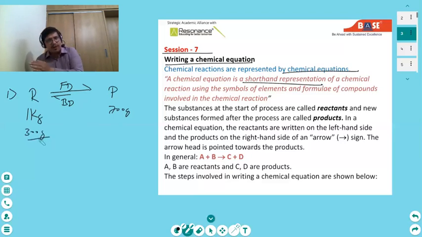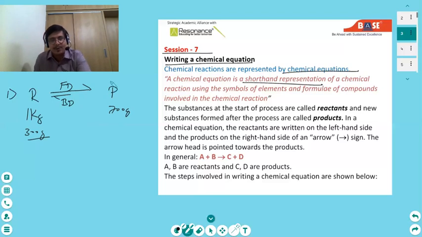So the product produced is more than the reactant. This means that product is produced in more amount and reactant is produced in less amount.